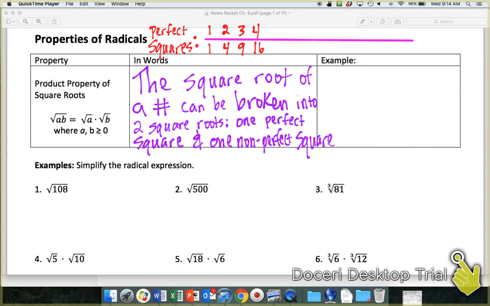Now we're getting the hang of it. 5. 25. Okay. 7. 49. 8. Okay, so if you know the pattern, keep going. 81.